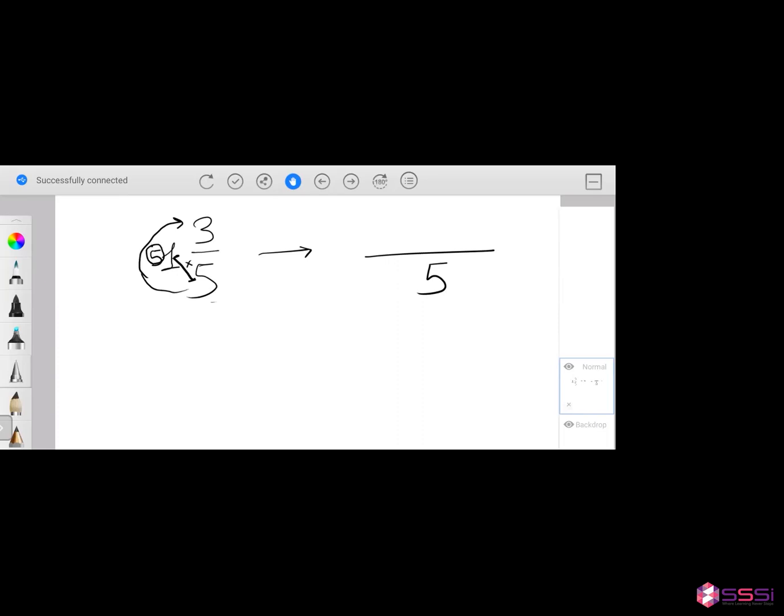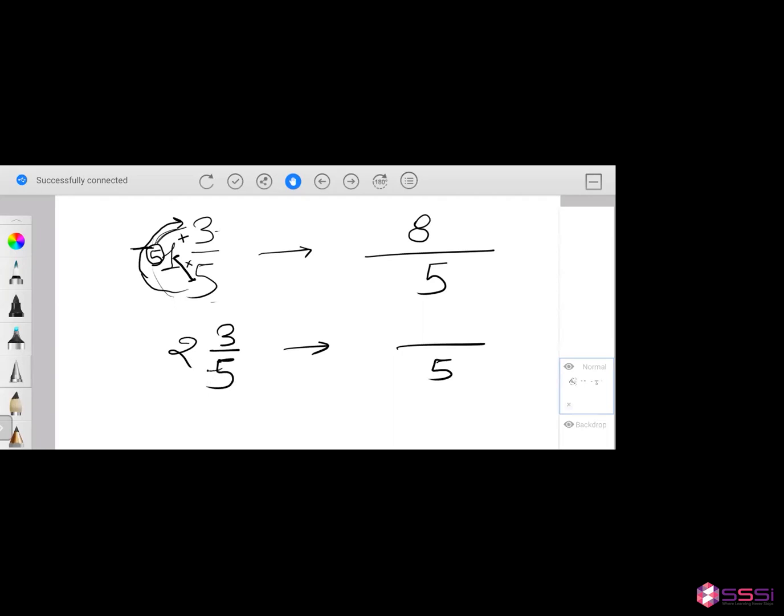Now in which direction we're going to move? Upward or downward? Upward. But this time the role is different. We're gonna add them. 5 plus 3 is 8. If we have 2 is to 3 by 5, in the denominator 5 will come as it is.